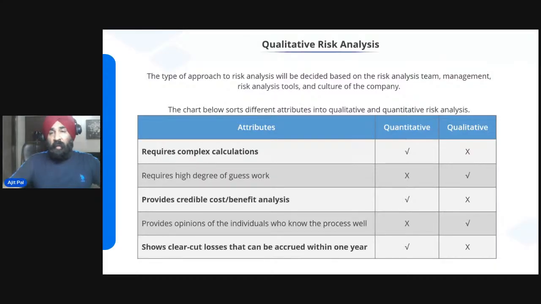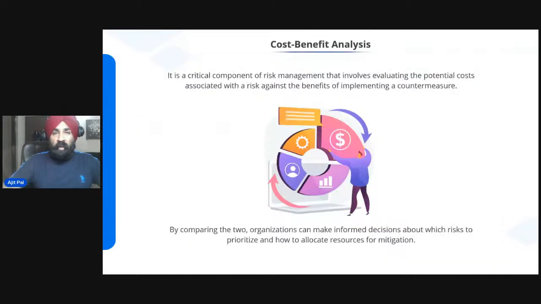As I already mentioned, when I covered quantitative risk analysis, I asked you to park the sixth point, that is cost benefit analysis. How will you do the cost benefit analysis? This is also called return on investment. For example, I have done some training.